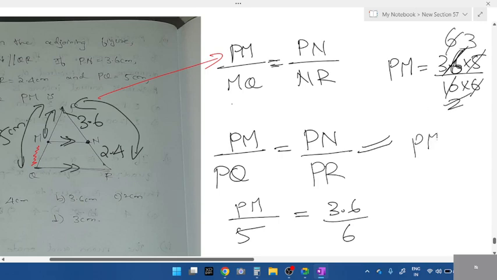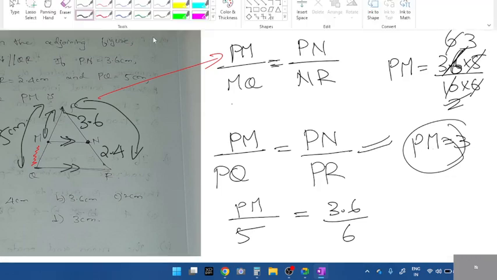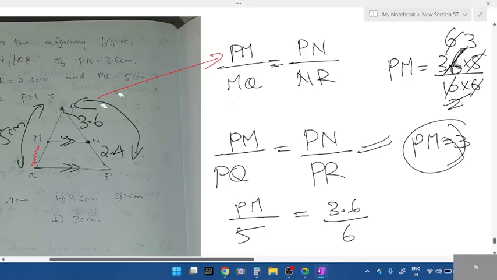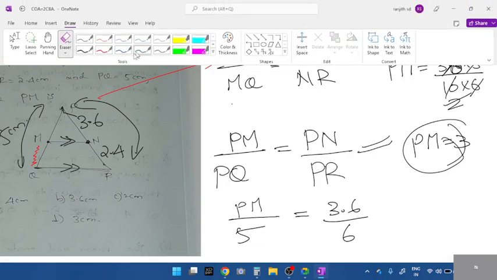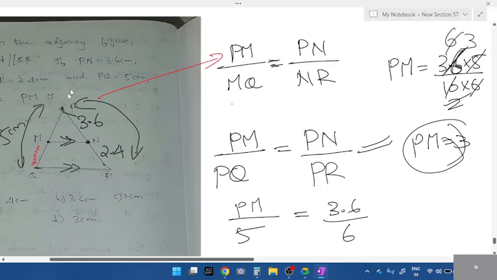What's the answer? What is PM, students? Okay, if PM is 3, what do we need to find? No, we need to find PM. PM is the answer. 3 is the answer. What if there's QM, students? What is QM? Total value is 5. 5 minus 3 is 2.